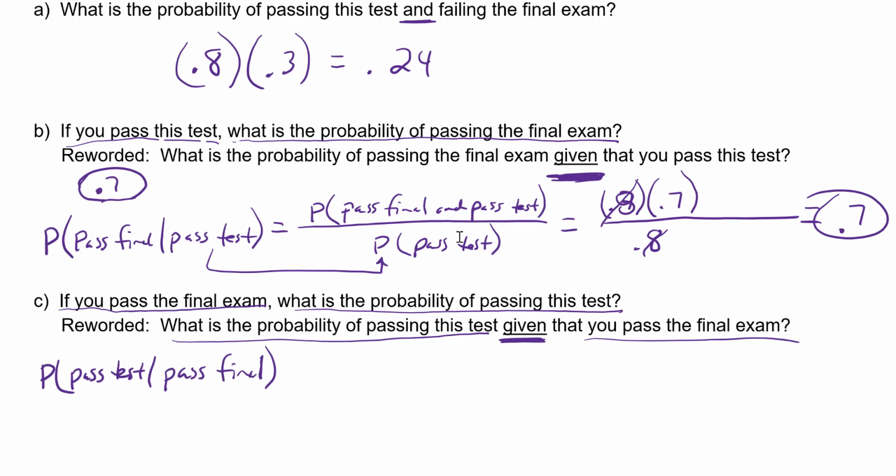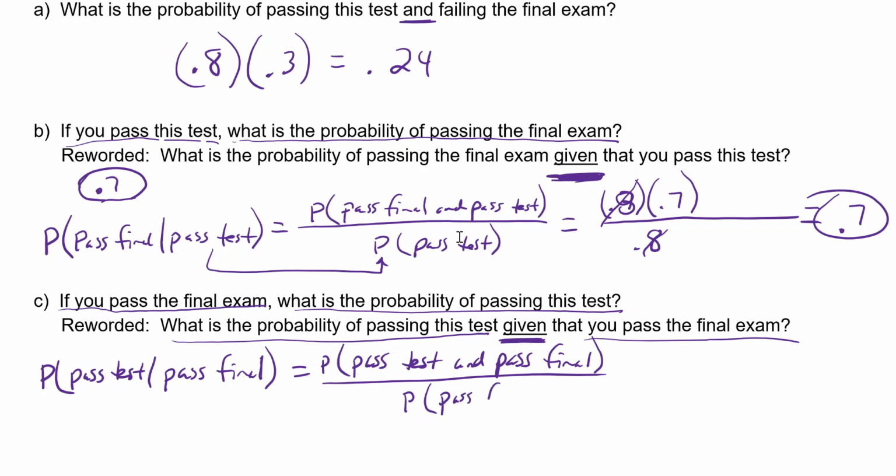That's going to be the probability of pass the test and pass the final, divided by the probability of passing the final.